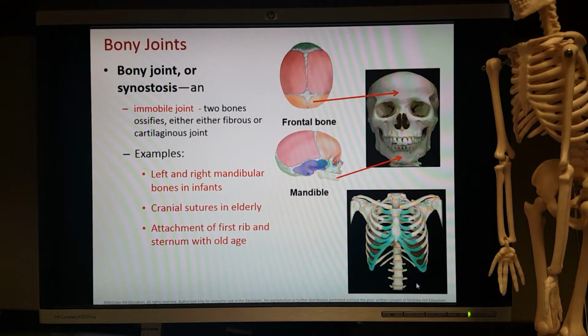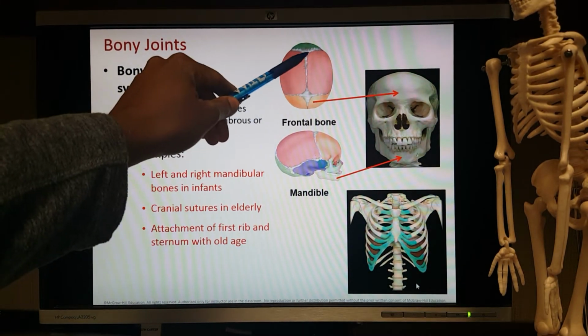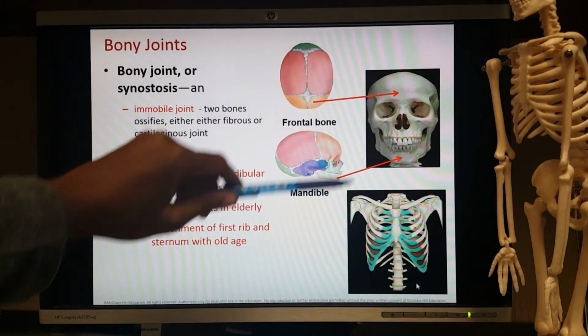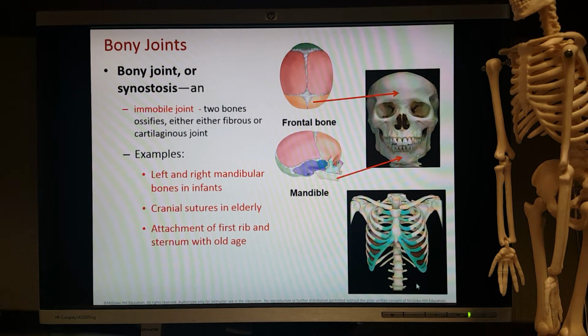First type of joint is a bony joint. So this is an immobile joint where two bones meet and bone helps to fuse them together. For example, in the frontal bone, you have the joining of that bone as the baby's head goes from lots of empty spaces and then fuses together.